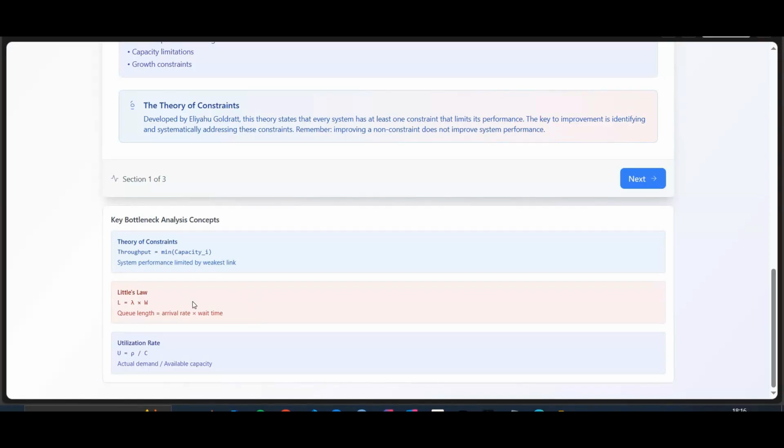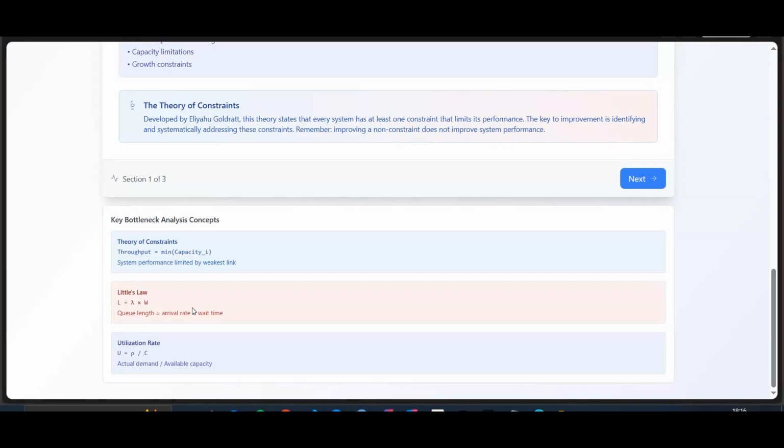There are also two other concepts worth keeping in mind. The first is Little's law, and it says L equals lambda times W, which means the average queue length equals the arrival rate multiplied by the wait time.